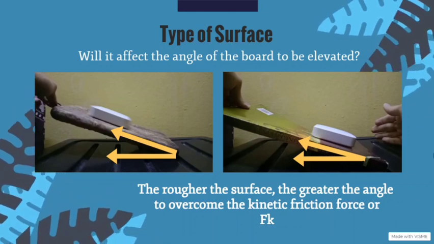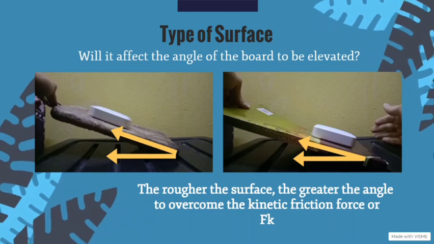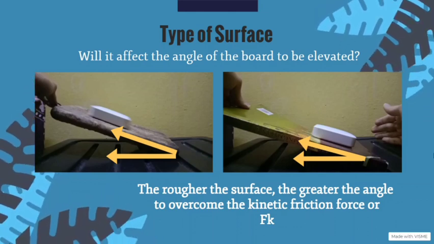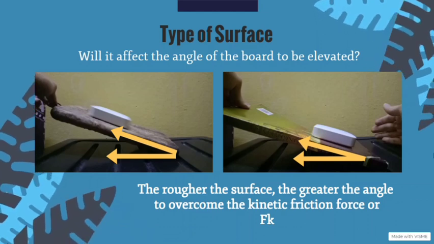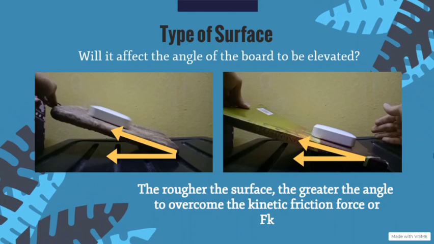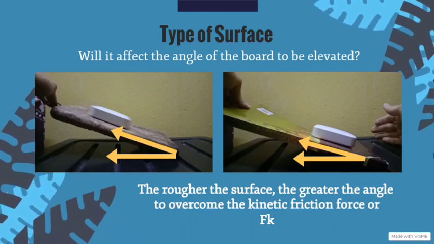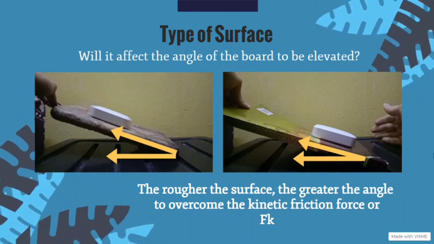From the picture we can see that the smooth surface only needs a small angle in order to overcome the kinetic friction force, or Fk. So the type of surface will also affect the angle to which the board needs to be elevated.